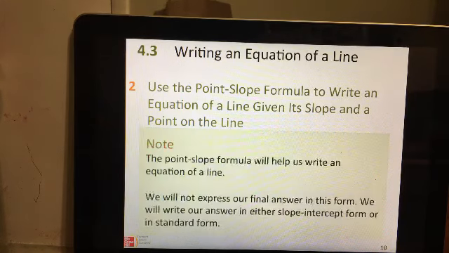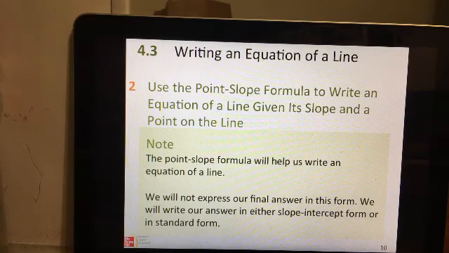So here we have, notice it says the point slope formula will help us write an equation of the line. We do not usually express our final answer in this form. We will write our answers in either slope-intercept form or in standard form.